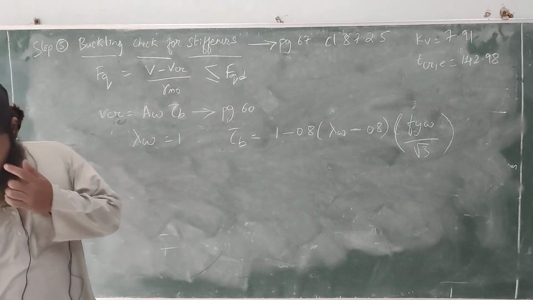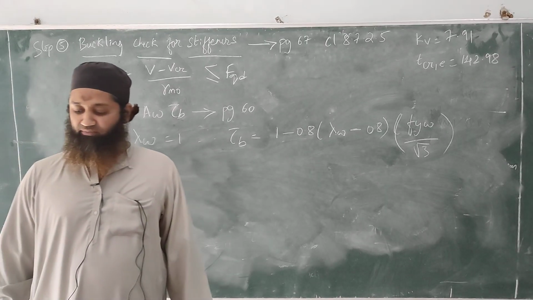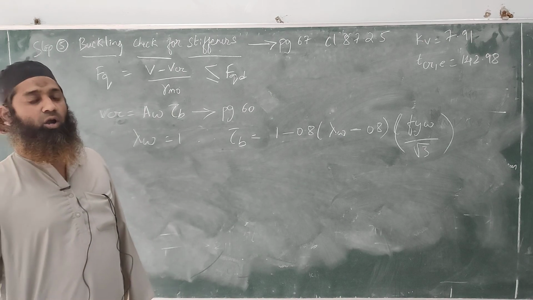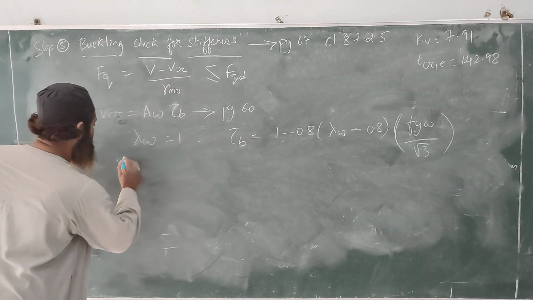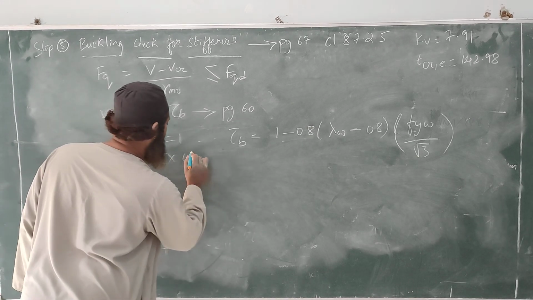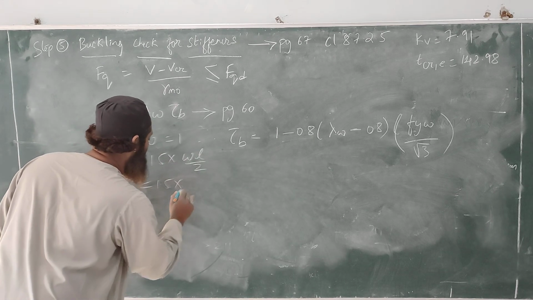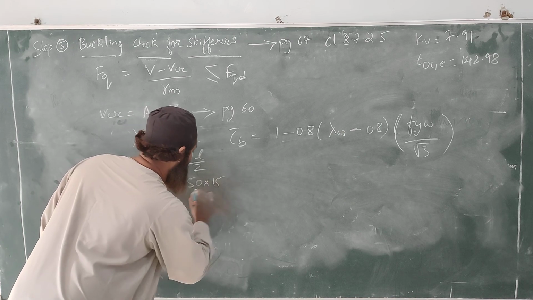The question given here was: Let the span of the girder be 15 meters with a UDL of 50 kilonewton per meter. Here we'll have to find out the maximum shear coming onto it. So V is 1.5, this is the factor of safety, into WL by 2. So 1.5 into W is 50, into L is 15, by 2.